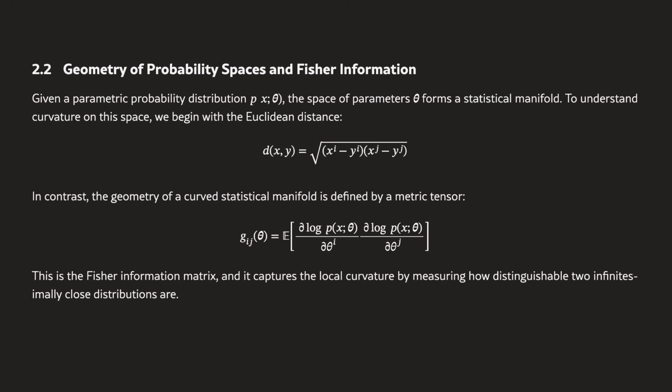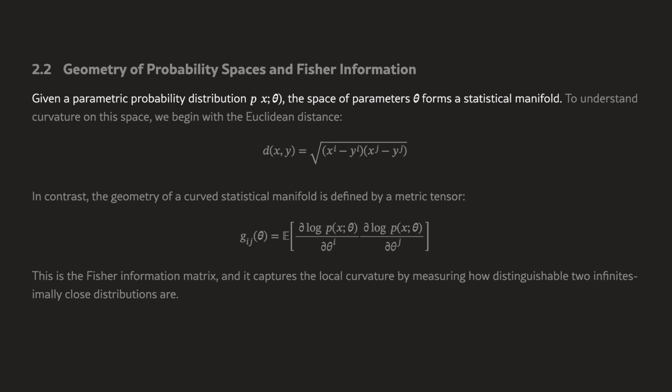A probability distribution is basically a parametric function where you have theta that represents the different weights. So this paper begins to talk about the probability distribution in a much more mathematical way. And it starts by defining something called a statistical manifold.